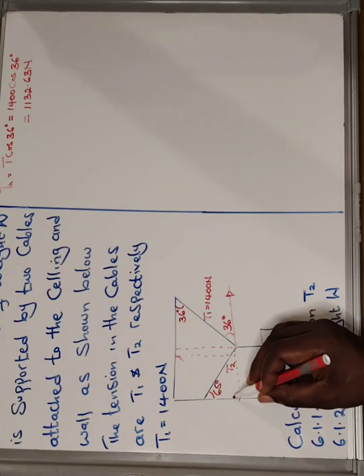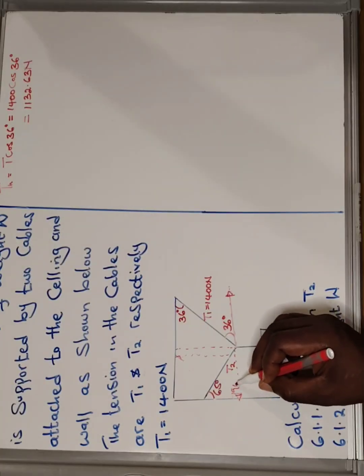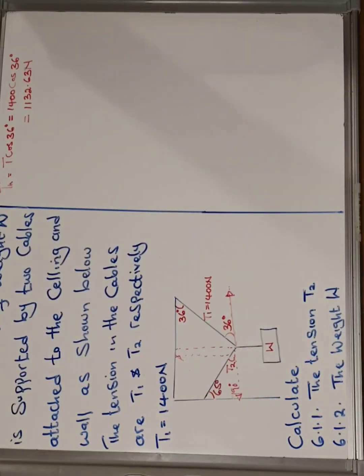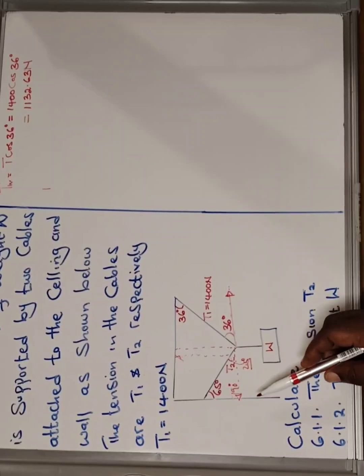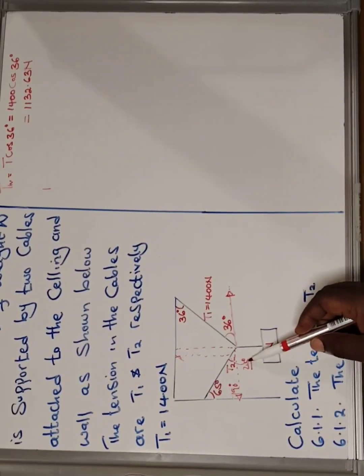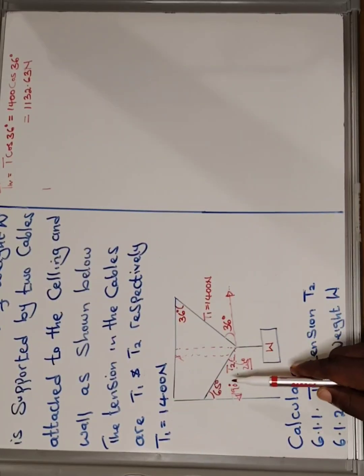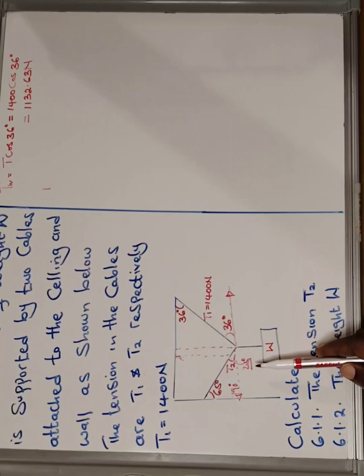Yes, if we take this line here, this one is 90. So what is this angle going to be? Okay, 180 minus the sum of these two will give us that angle. So we have got this angle as 25 degrees because 180 minus 90 minus 65, you get 25.